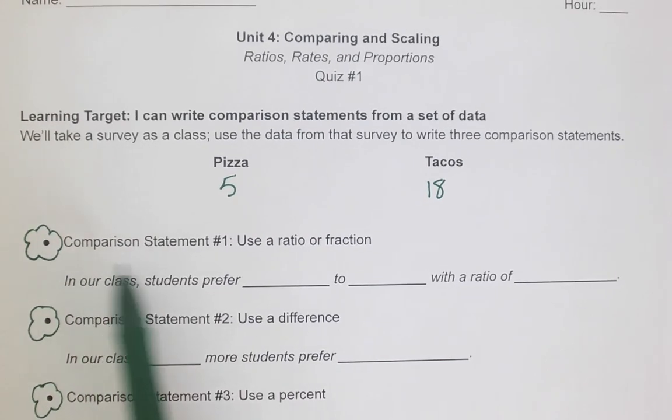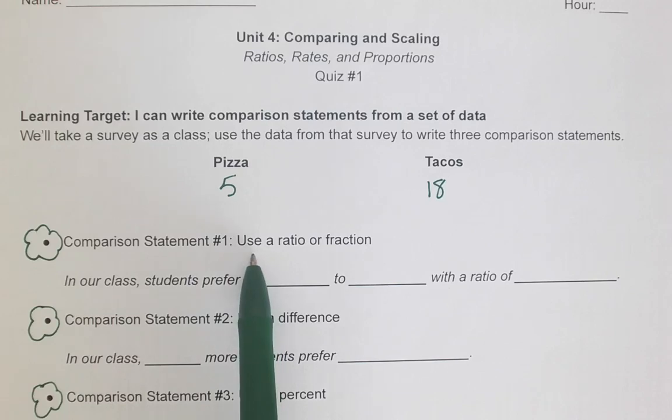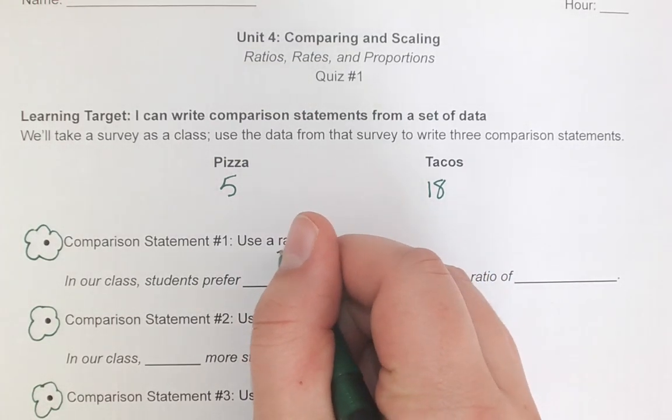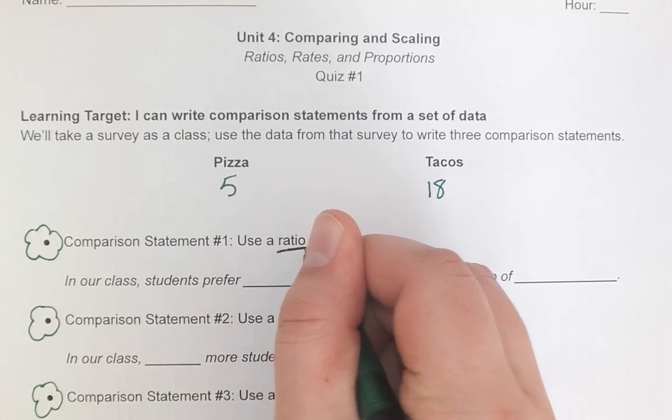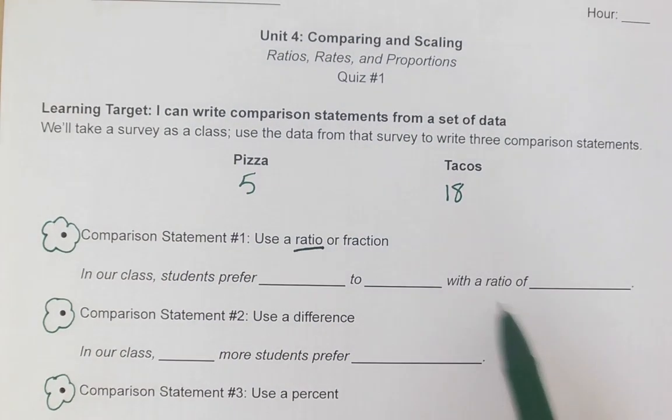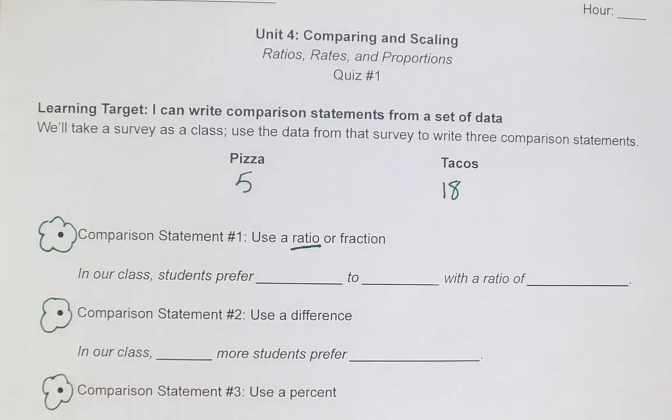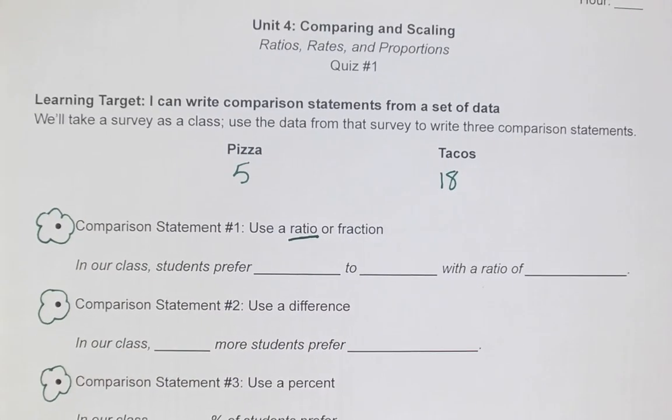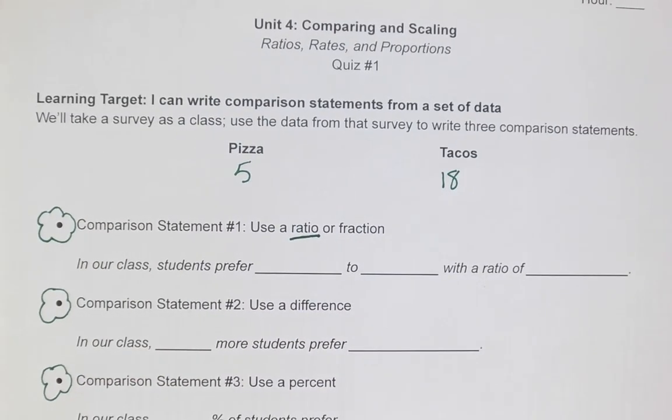So if we look at comparison statement number 1, it asks us to either use a ratio or a fraction. I'm choosing to use a ratio in this situation because 1 is already written for me in the sentence stem, and 2 is just a little bit easier to write and make sense of.